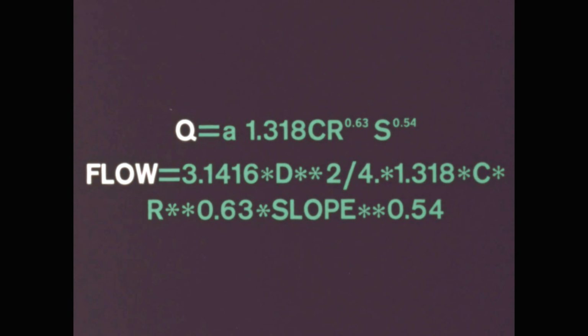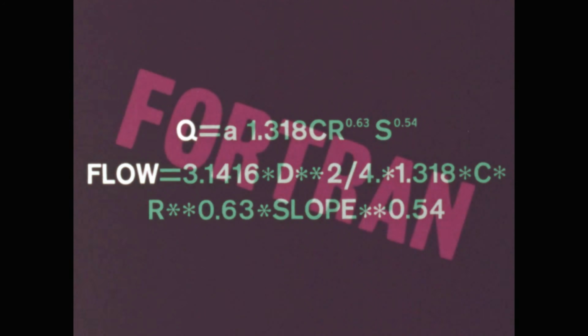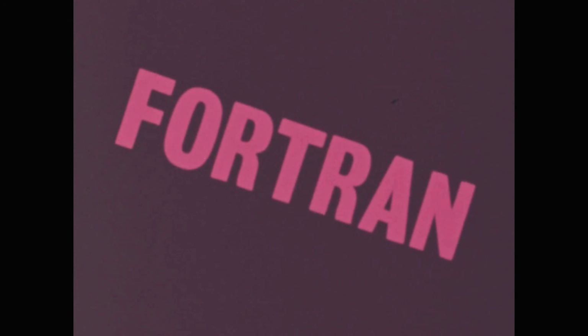As an additional illustration of Fortran, let's consider the problem of getting information into the computer's memory. Using Fortran, all I need do is write the word read, followed by two numbers, followed by the information I would like to put into the computer's memory.